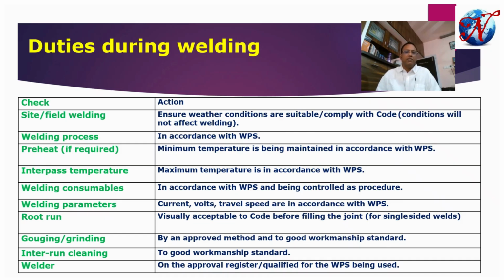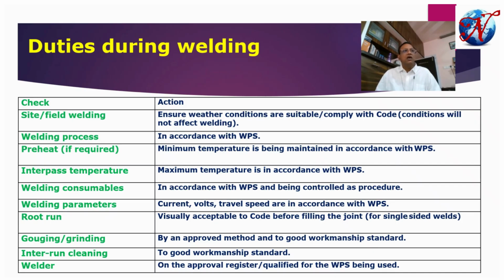During the welding, the inspector needs to check the following things. For site and field welding, ensure weather conditions are suitable to comply with the code. That means if moisture is there or wind pressure is very high, the necessary precautions need to be taken during the welding process.